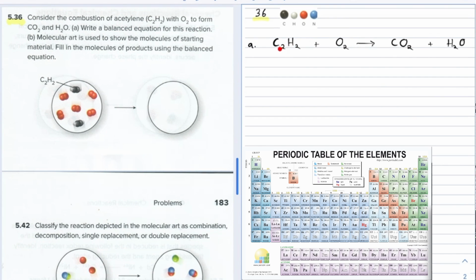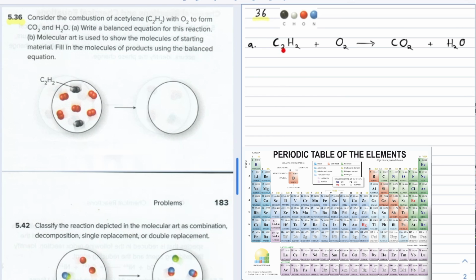But let's balance the equation. So we got three different elements to balance: carbon, hydrogen, oxygen. And since oxygen occurs by itself, we'll save it for last. Why not start with the carbon? We have two carbons on the left, so you have the coefficient 1 here.